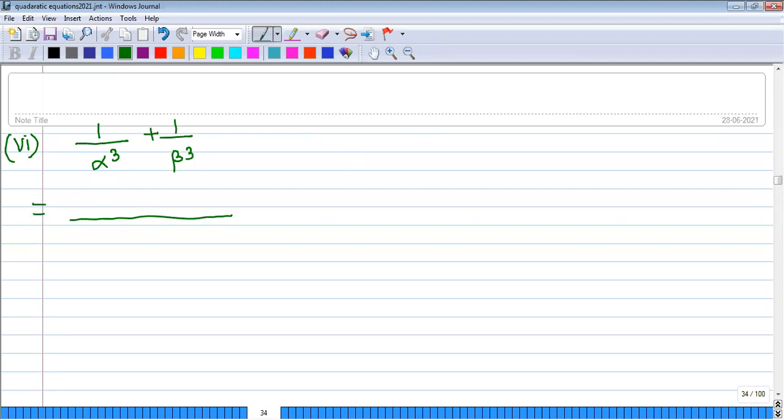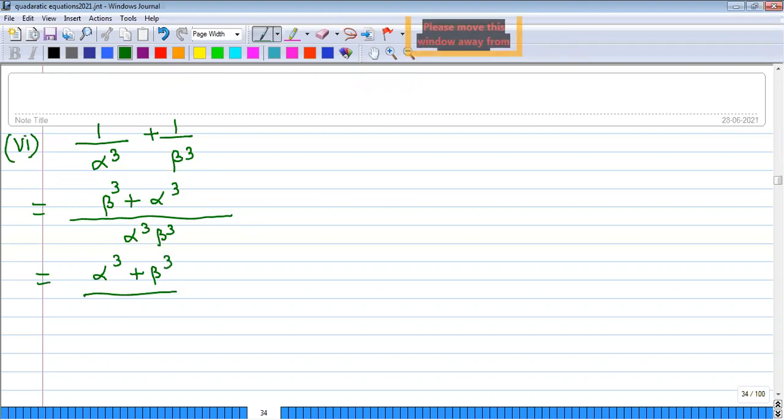Here LCM is alpha cube beta cube. Alpha cube beta cube divided by alpha cube cancels, beta cube, plus alpha cube beta cube divided by beta cube cancels, alpha cube. This we can write as alpha cube plus beta cube by alpha beta whole cube.